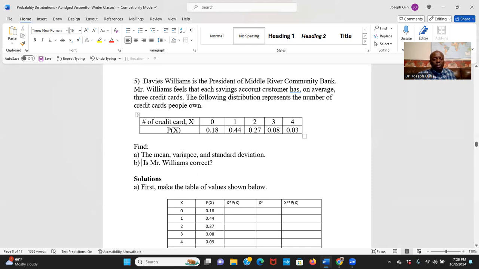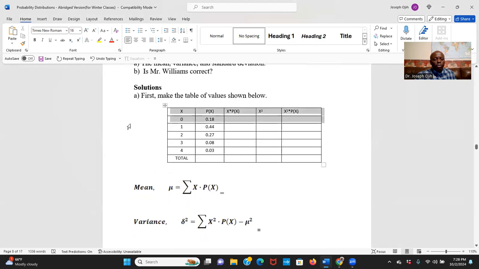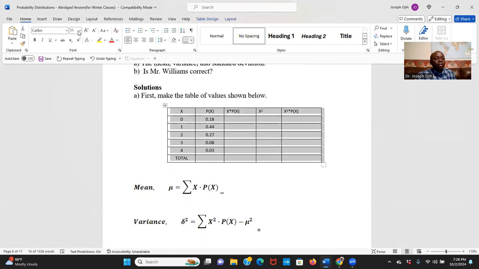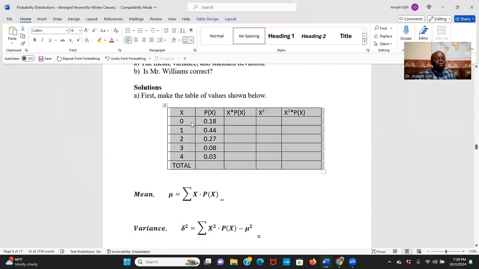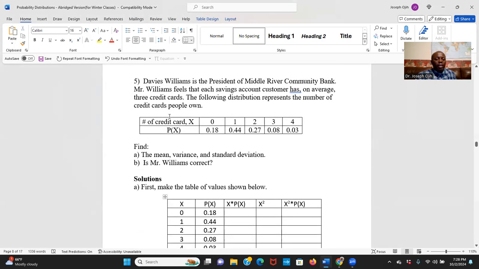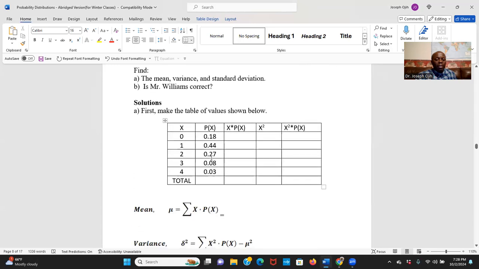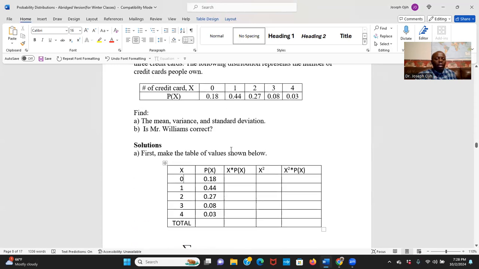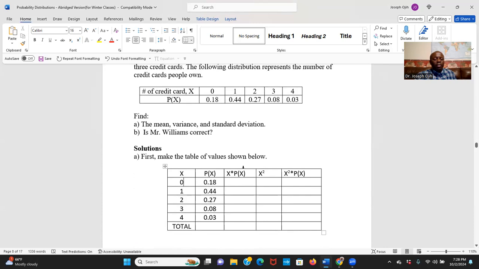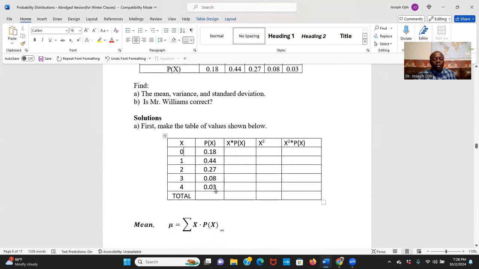To be able to answer this, you need to make a table like this. This is the shortcut method of finding this. We are given X and P(X), put them in here. Now we need to find X times P(X), because it's part of the formula. X times P(X) means this one here times this one. So 0 times 0.18 is 0.00. Any real number multiplied by 0, the answer is 0.